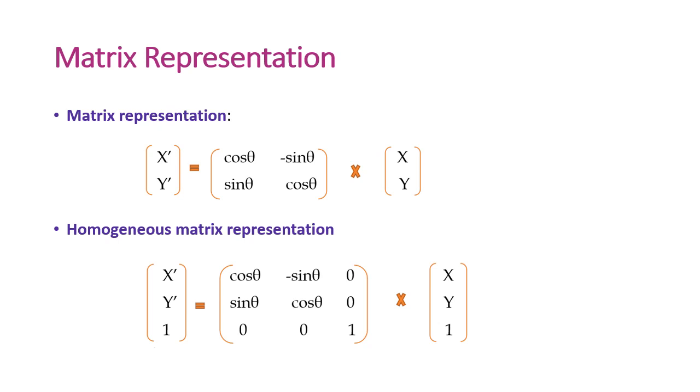So we have x dash, y dash and 1 is equal to the matrix cos theta, minus sin theta, 0; sin theta, cos theta, 0; 0, 0, 1; into x, y and 1. So this is the matrix representation for rotation transformation.